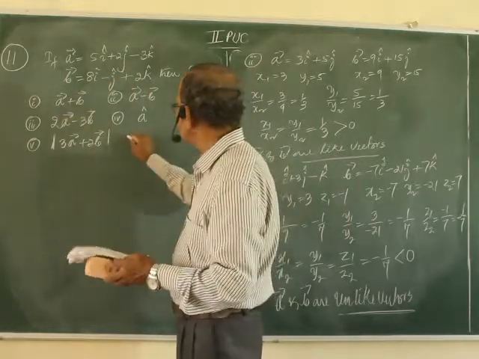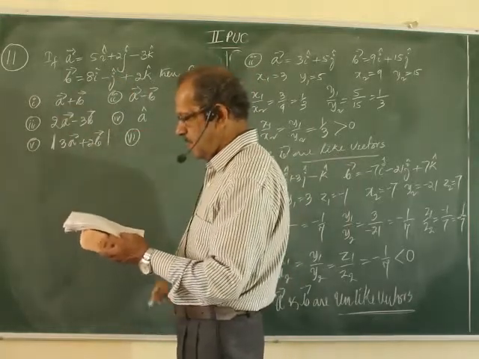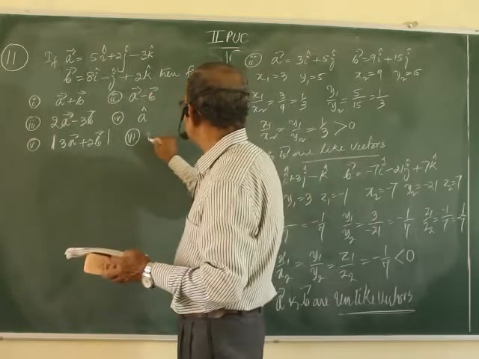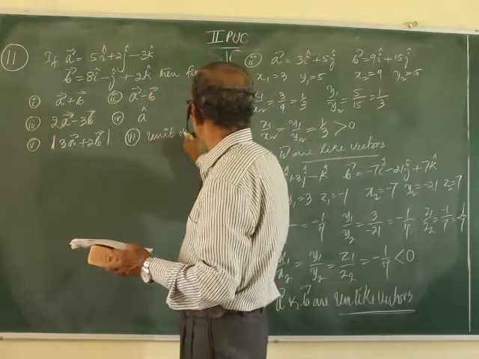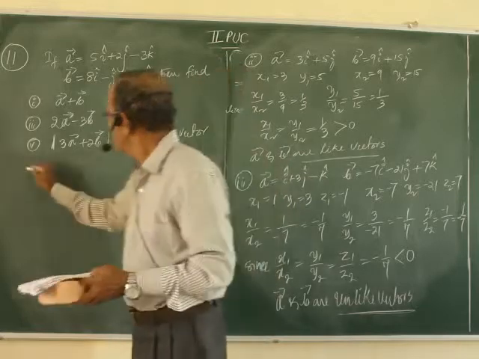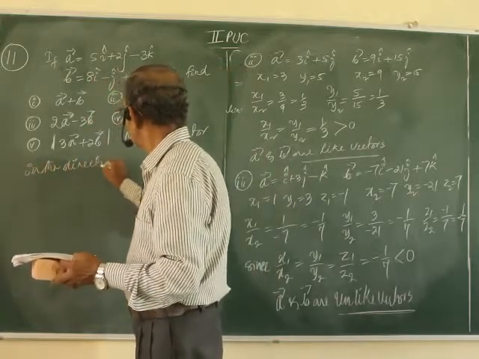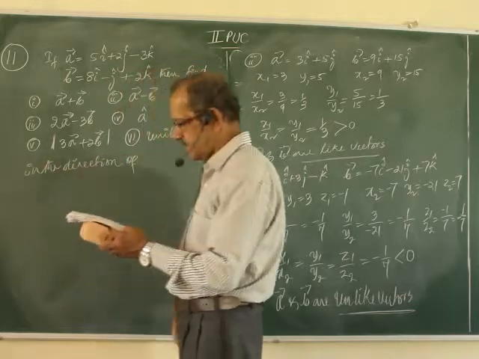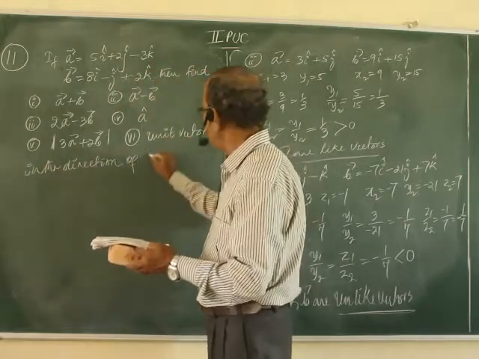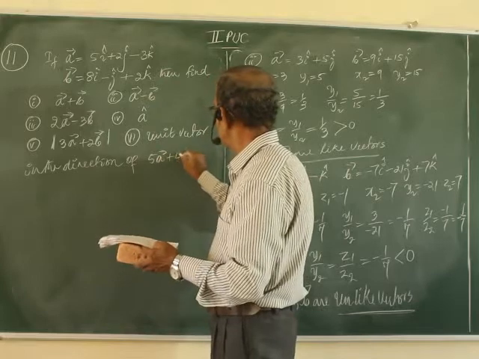Sixth one, unit vector in the direction of, careful, 5a plus 4b.